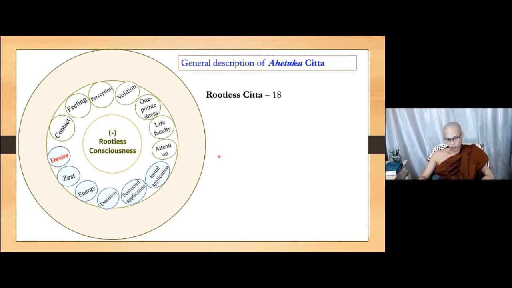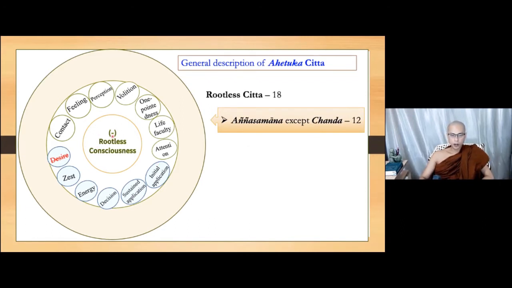So here is also the general description of Ahetuka citta. All the other unwholesome mental factors are removed, and also desire, because desire, chanda, does not associate with rootless consciousness. So the enumeration is annasamana and chanda.